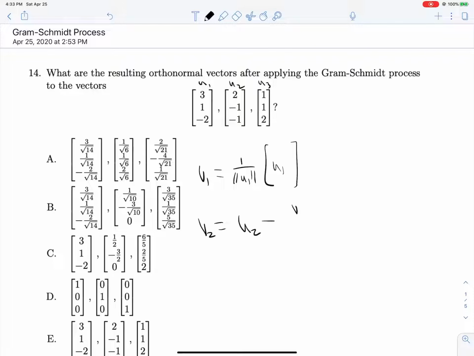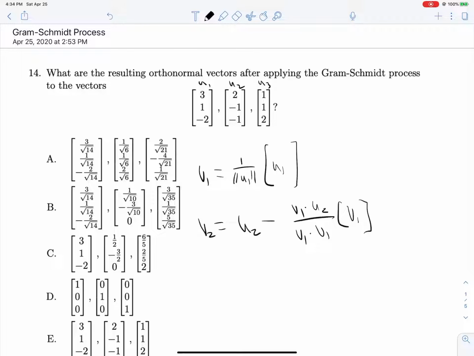That will give us V1 dot U2 over V1 dot V1 multiplied by the vector V1, and then, as I said, all of this is going to be divided by its own magnitude. You know what I'm saying.